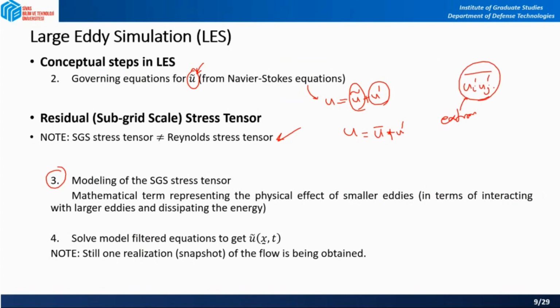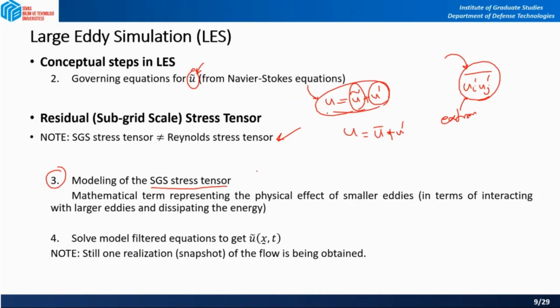You remember these. The same thing happens in LES. You will get SGS stress tensors, and you have to model them, similar to the Reynolds stress tensor that you try to model.